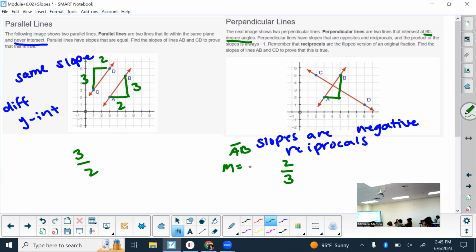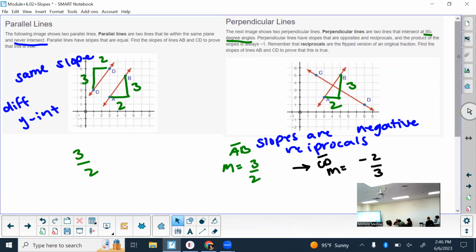So for AB, the slope is 3/2. Rise over run. Rise is always going up, so 1, 2, 3. And then run is going to the right. All right, the negative reciprocal of that: it started out positive, so my negative reciprocal should be negative. And then flip the fraction. So maybe we were looking at the other line, but for CD, that slope is -2/3. Okay, questions?